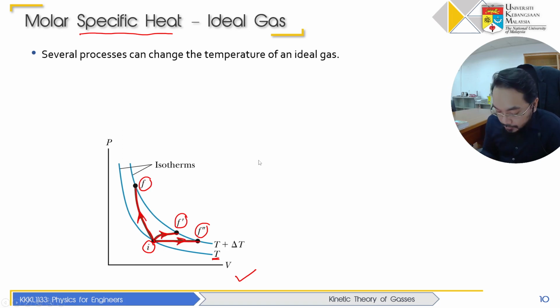We know that all these final states have the same temperature, which is T plus delta T. How do we know they must have the same temperature?